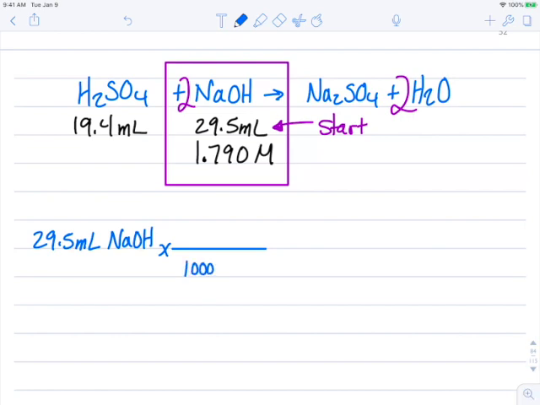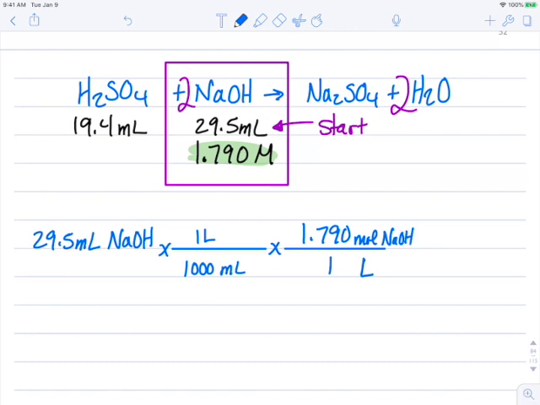So I'm going to say there's 1,000 milliliters for every 1 liter like so. Now I can put in the molarity as a conversion factor. So it's this molarity right here that I want to use. And I'm going to say for every 1 liter, there's 1.790 moles. And these are moles of NaOH.